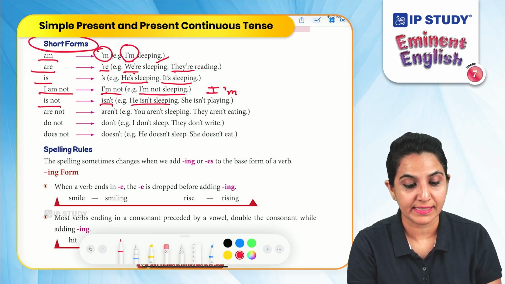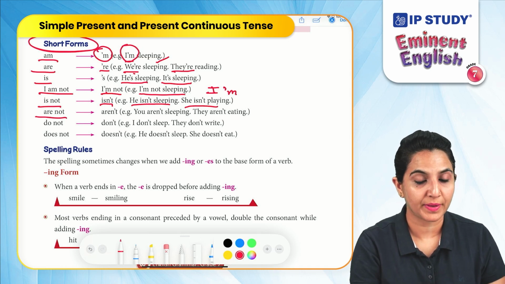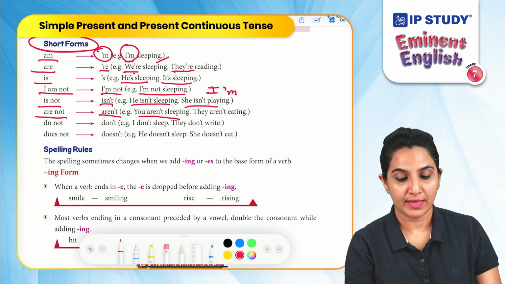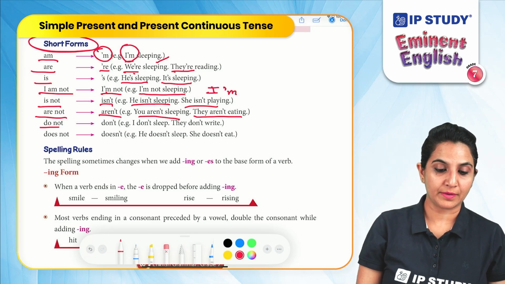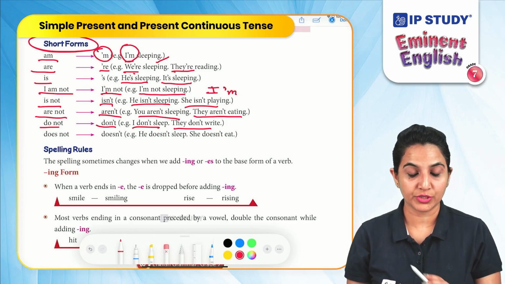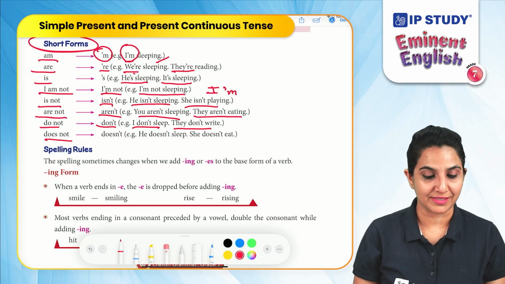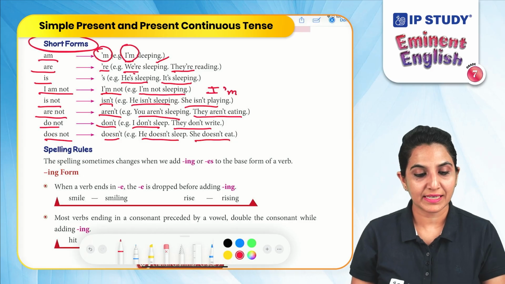He isn't sleeping, she isn't playing. Are not becomes aren't. You aren't sleeping, they aren't eating. Do not becomes don't. I don't sleep, they don't write. Does not becomes doesn't. He doesn't sleep, she doesn't eat.